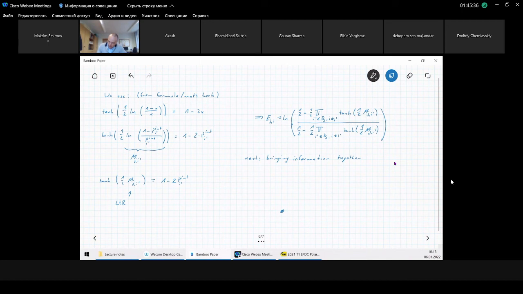For example, if we have here our bit node 3, notice we have this link from check node 2, and we have something from check node 1.